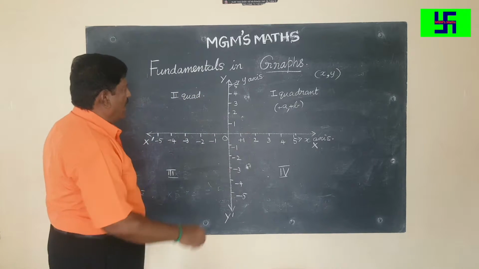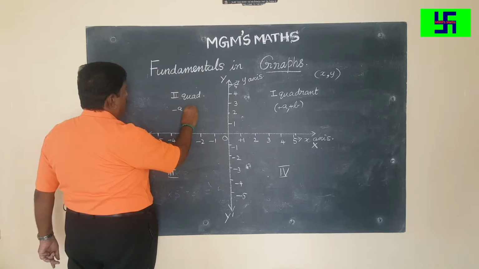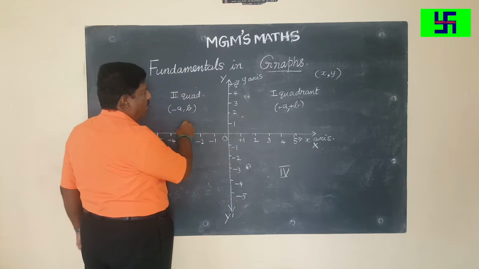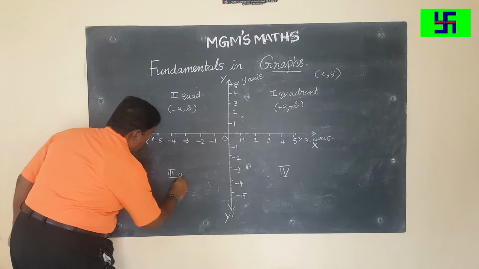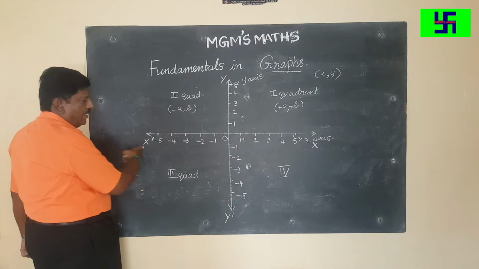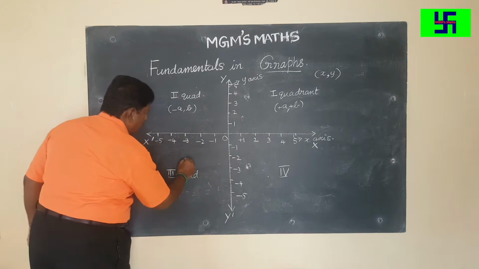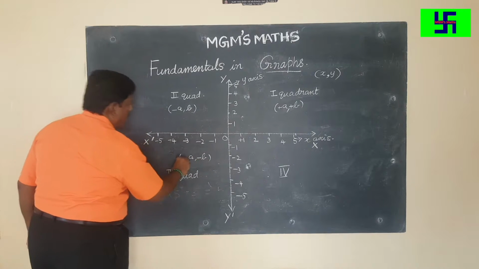A point of the form minus a, b will be placed in the second quadrant. In the third quadrant, here x-axis also minus, y-axis also minus. So, minus a, minus b.